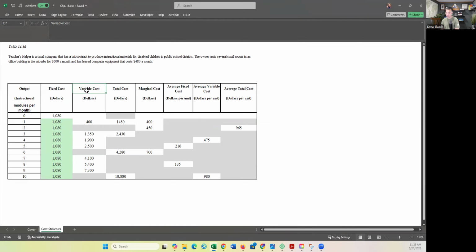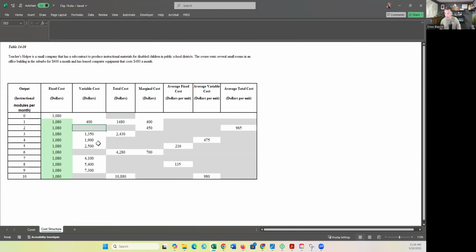If it is a contract for a year, that's a fixed cost. If it's an hourly wage, that's a variable cost, because you could change it depending on your output. So in our examples, I believe labor is a variable cost. So how do we calculate total variable costs in this example?